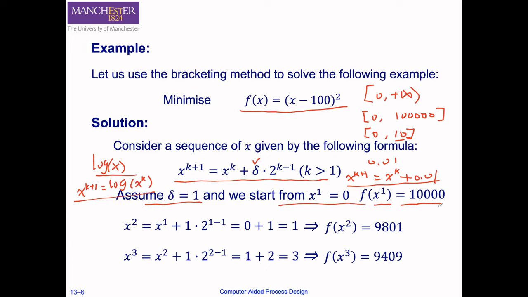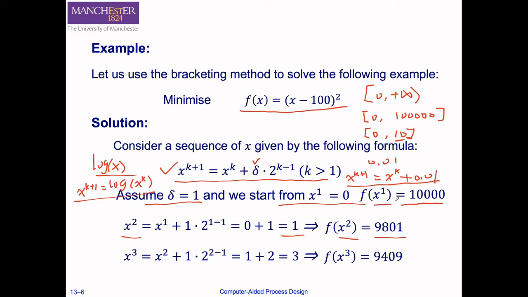Then we use this formula to get the trial point for the next iteration, that is equal to 1. At x is equal to 1, we evaluate the function value, which is 9,801.